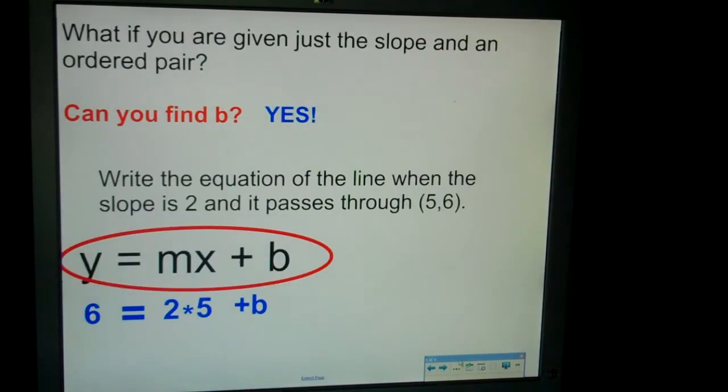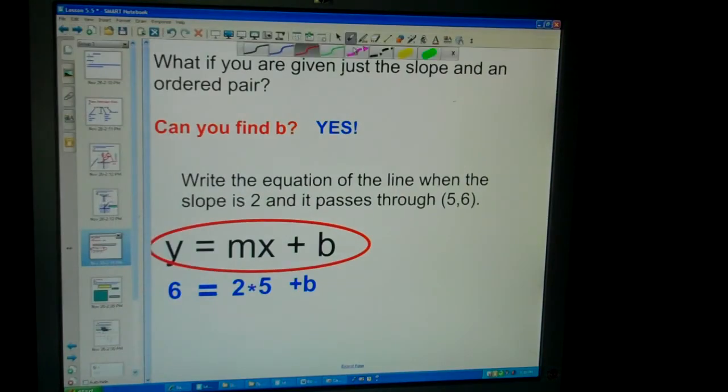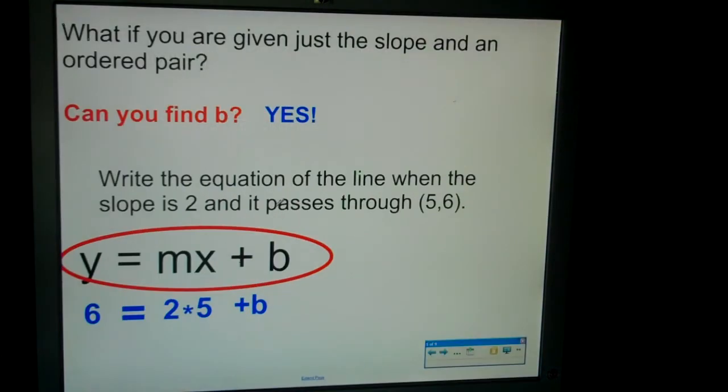Okay, whoopsie. Let me get my pen. All right, I'm ready now. So now we can solve for b. We know the slope is 2. 2 times 5 is 10. I didn't do anything with plus b, so that still has to stay there, and it still equals 6.